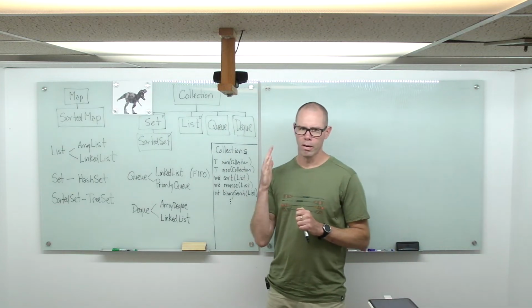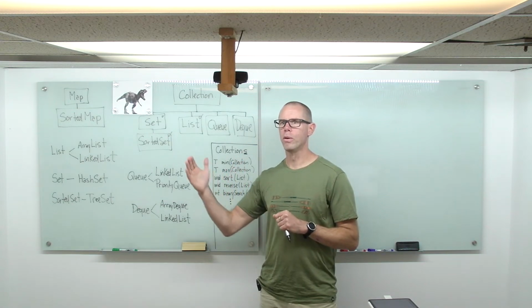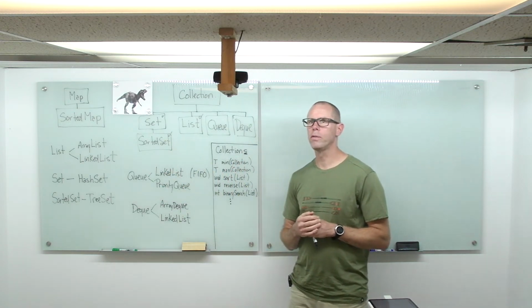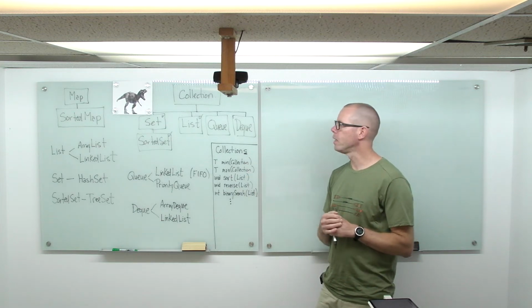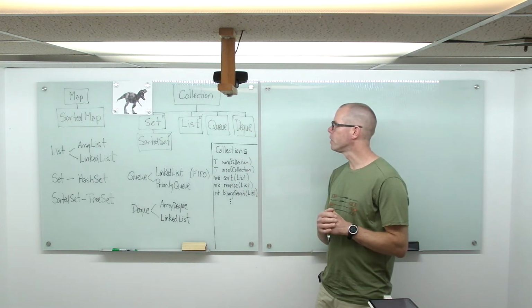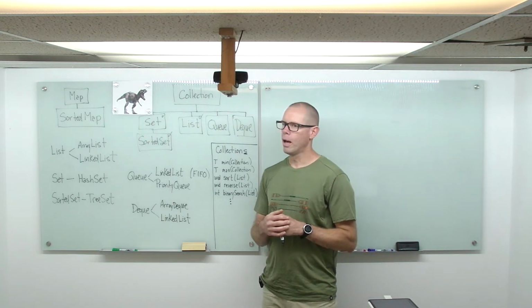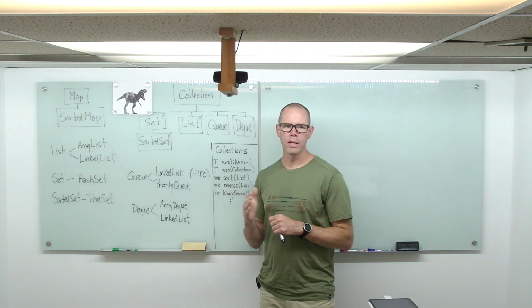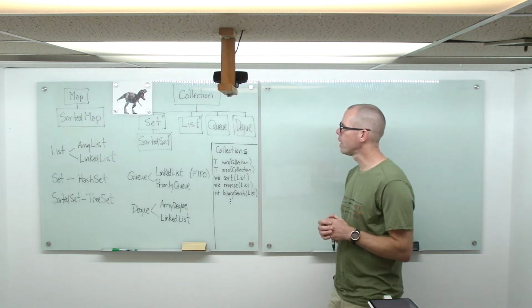It's a sequence of objects, indexed from position 0 all the way up to n-1 if there's n elements in the list, and you can access them by this index. You can add things, remove things, and you can change the values at specific indices in the list, or check the value at a specific index.